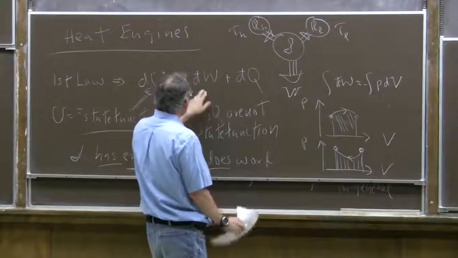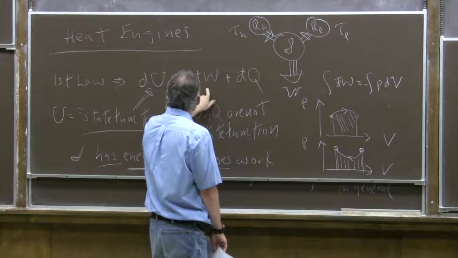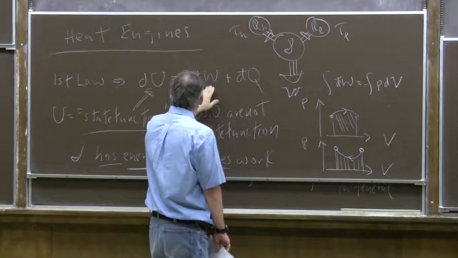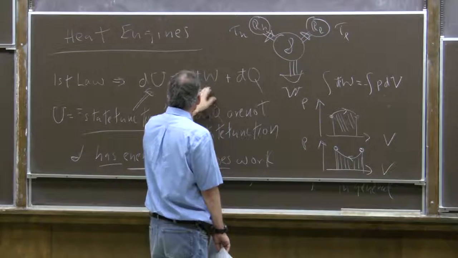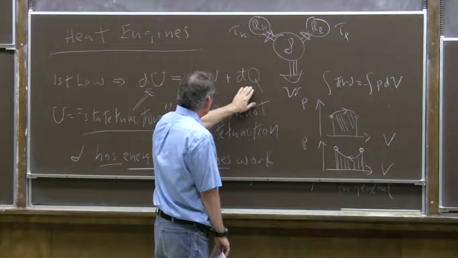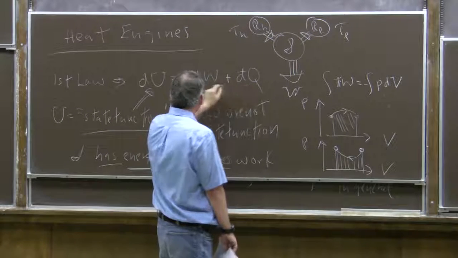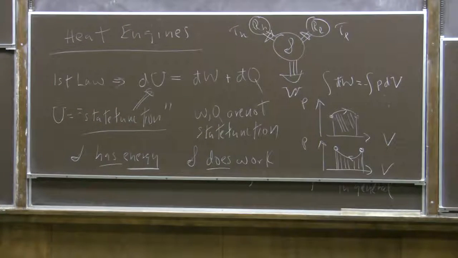So anyway, let's suppose I stick with this. Okay, so d̸W, when it's positive, the internal energy increases. That means it's the work done on the system. And d̸Q is positive, that means dU is positive, so that's the heat flow into the system.